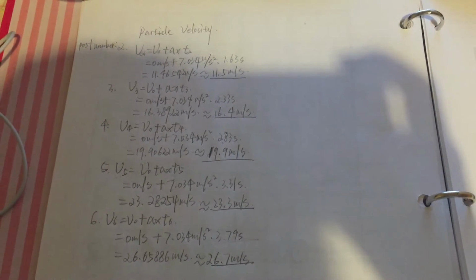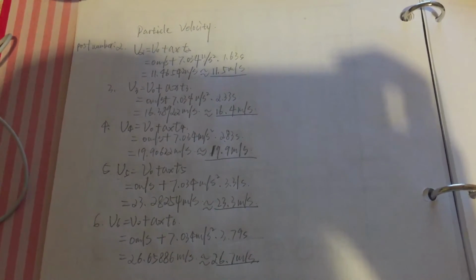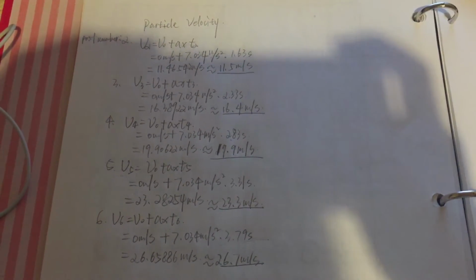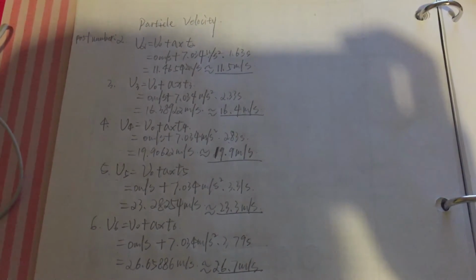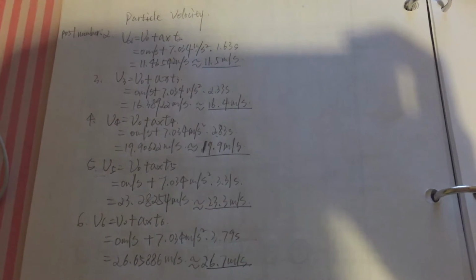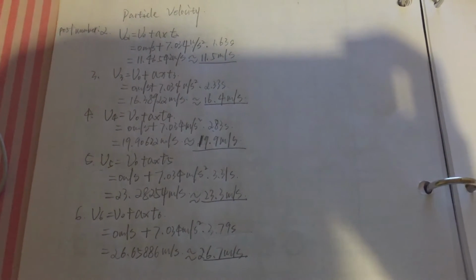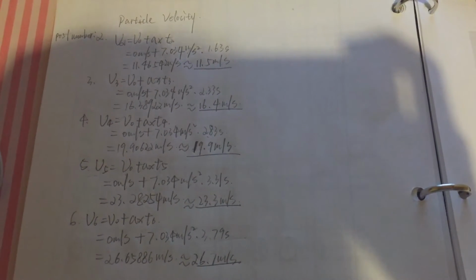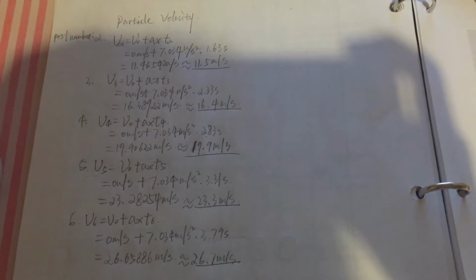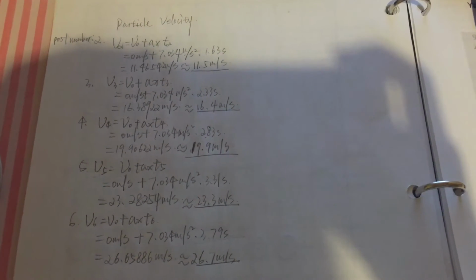So for the particle velocity at 1.63 seconds, I use the velocity at post number 2 equals initial velocity plus acceleration times 1.63 seconds, and I got 11.5 meters per second.